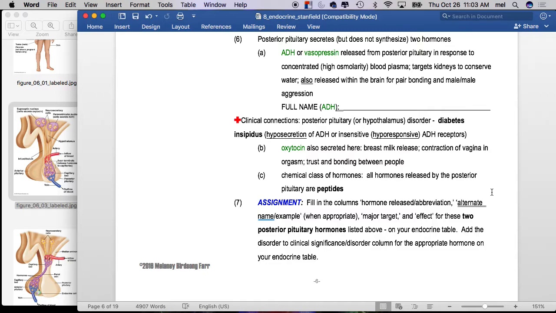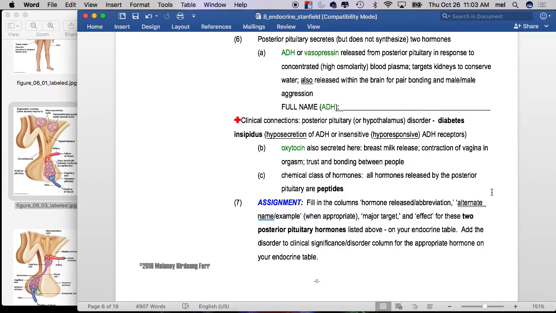If it's an antidiuretic, does it make you pee more or pee less? Pee less. And what would it do to your blood pressure, do you predict? Raise your blood pressure. Keep that in mind for just a second. Why do you usually release antidiuretic hormone?